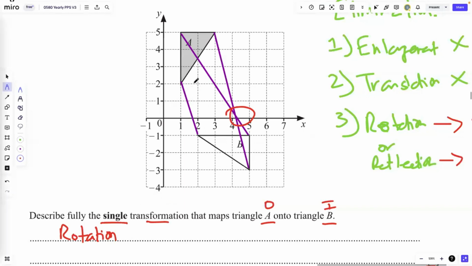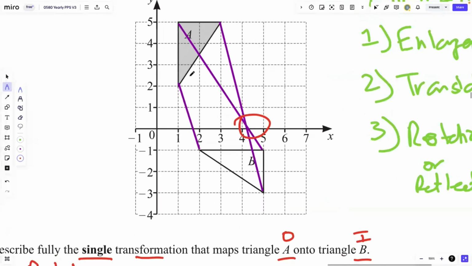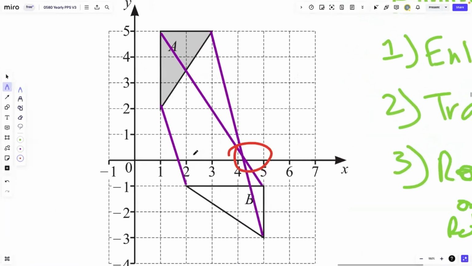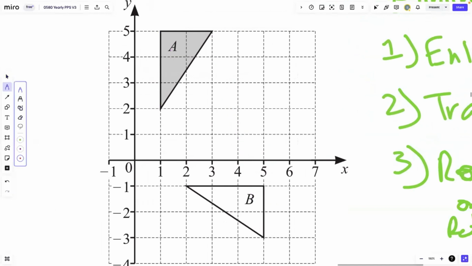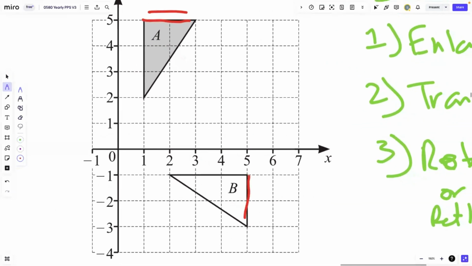So for the angle of rotation or the degree of rotation, this is straightforward. Let's just erase all this for now. We do not need all of this. For the angle of rotation, if I have a horizontal line here which has become vertical, this angle is how much?